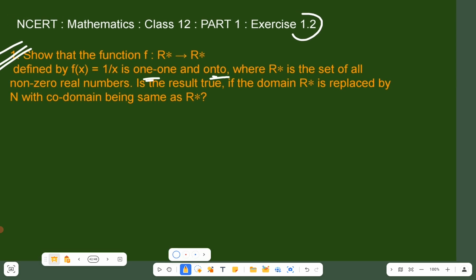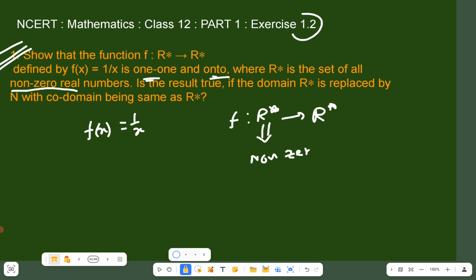Here in the question, f of x equal to 1 by x is our function, and f is from R star to R star. R star means non-zero real numbers. Show that it is one-one and onto.